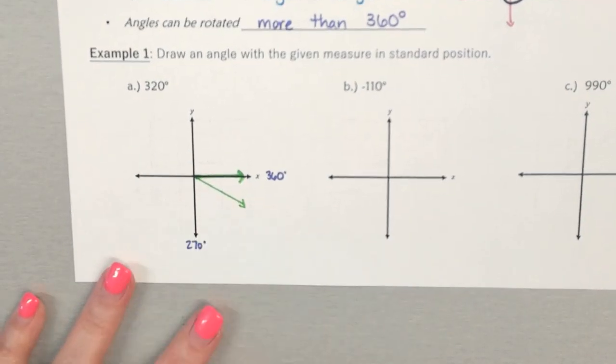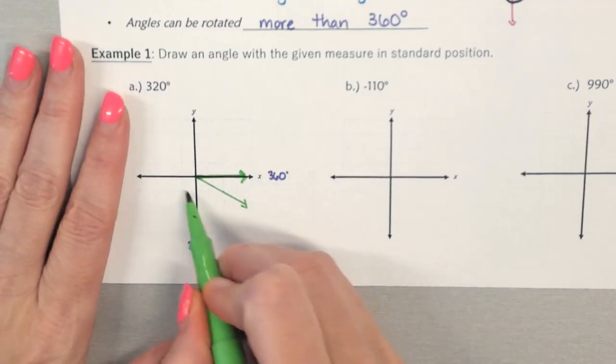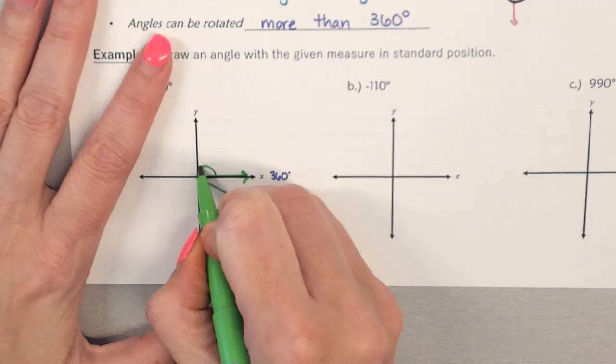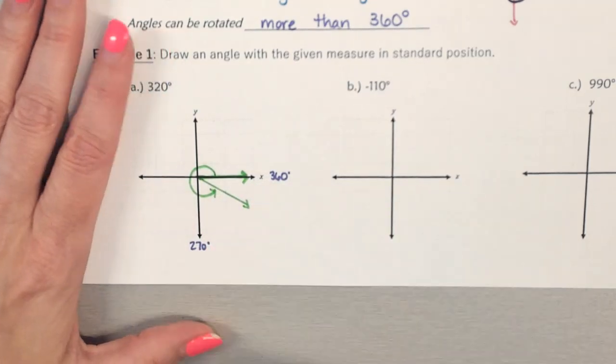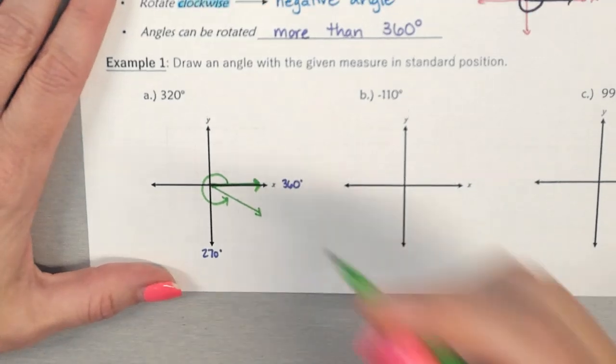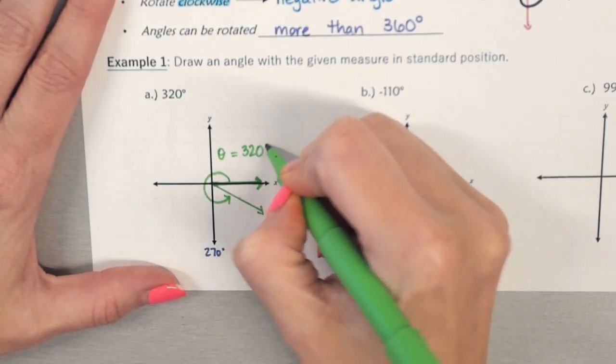So what is half of the quadrant? 45. So it has to be a little less than 45 degrees. I'm not going to be pulling out a protractor, but you do have to show that you understand that it's a little bit less than halfway. And then you're going to have to show theta equals 320.